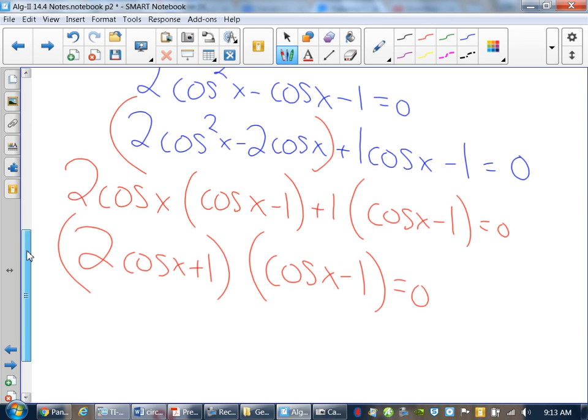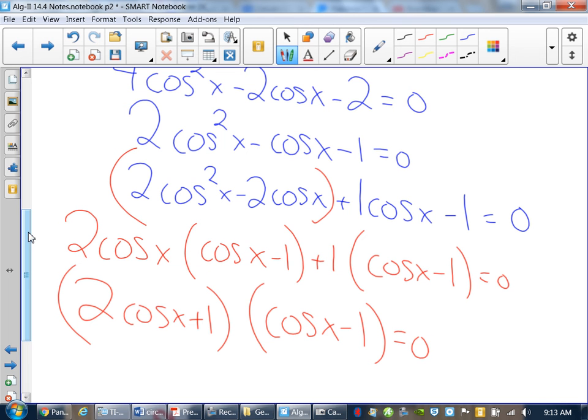What I did here was, this became 2, became that. I just factored, multiplying my tails to add in the middle. And then you have the answers to go from there.